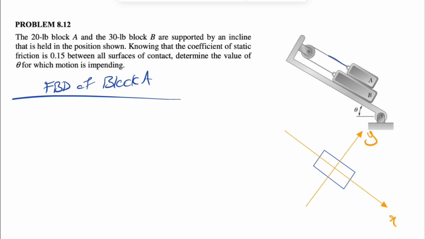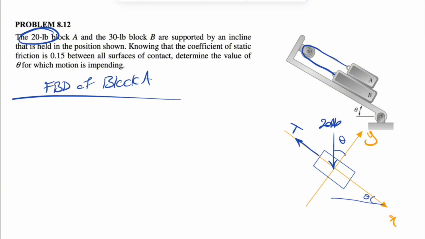We have one single cable that goes around the pulley and attaches to B, so we have the tension in that cable, which we can call T. We have the weight of block A, which will be vertical, and that's going to be 20 pounds. We know this angle here would be theta, so this angle right here is also theta.